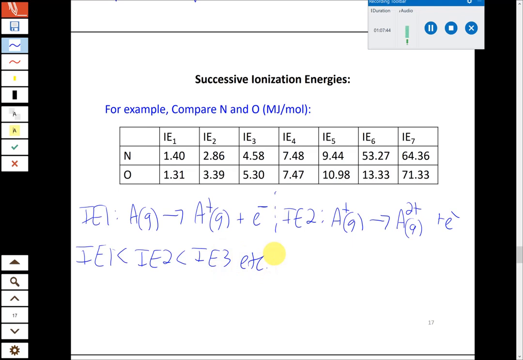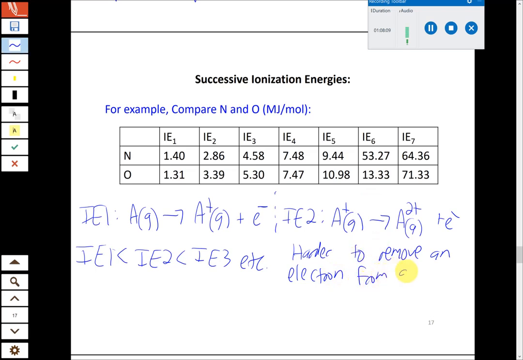So no matter how many ionization energies you're considering for an atom, it's going to get higher and higher each one you go along. And that's because it's harder to remove an electron from a cation. So as we start removing electrons and forming positively charged cations, it gets more and more difficult to remove those electrons as we go along, right? So that's always going to be true.